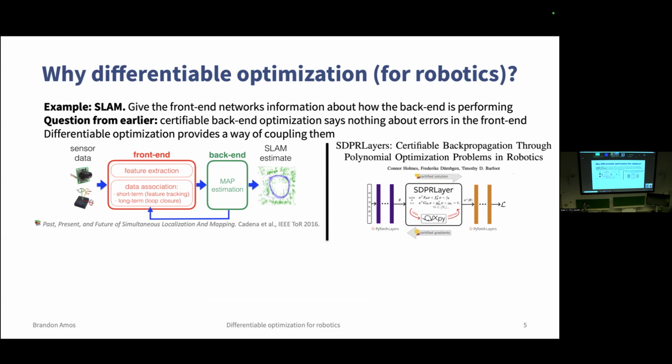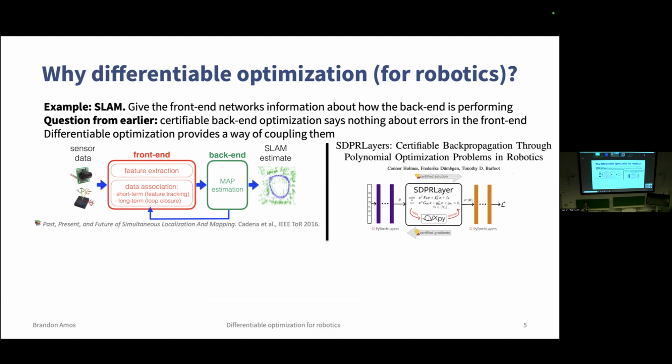But one way of improving the errors that the front-end system is making is to somehow give it knowledge of these optimization problems that the back end is going to be solving. Like give the front-end feature extractors knowledge that they're going to actually be used for performing SLAM, with some metric or some way of measuring how well the SLAM system is performing.